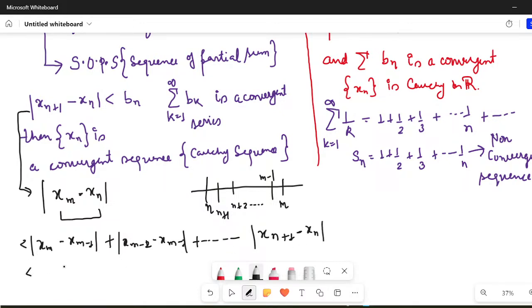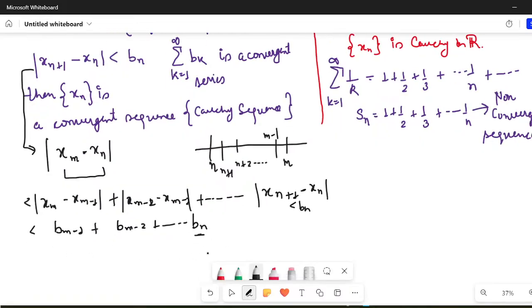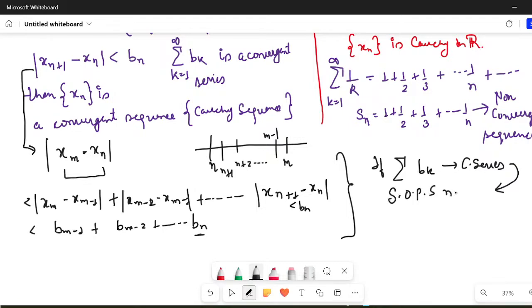Now this can be written as less than bm minus 1, then bm minus 2, then bn. What would it be? Just think about this. If summation bk is a convergent series, then its sequence of partial sums must be convergent.